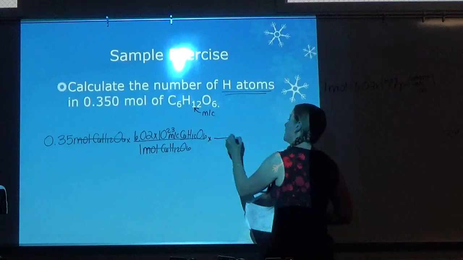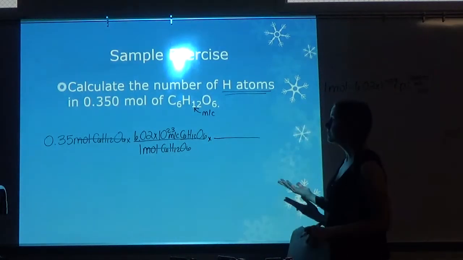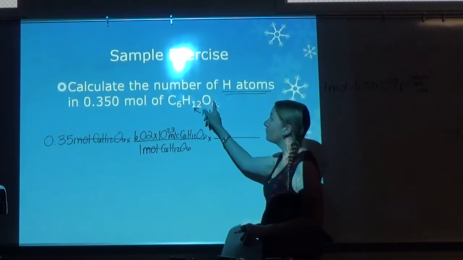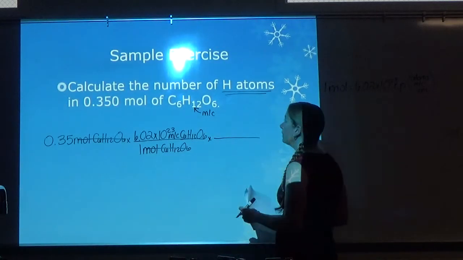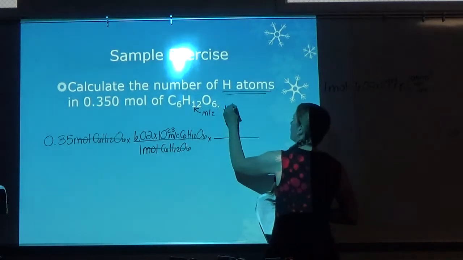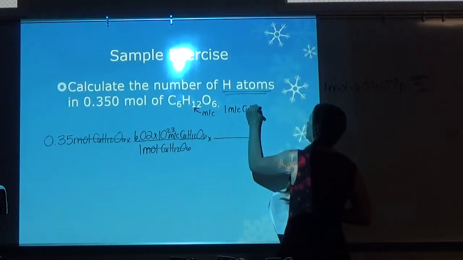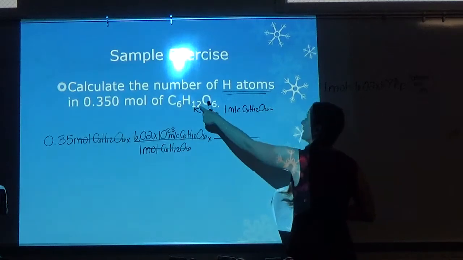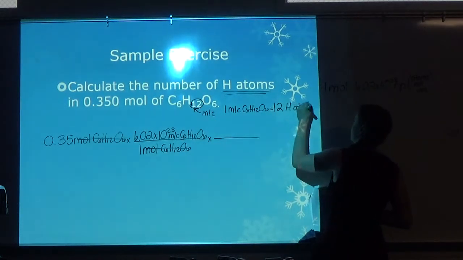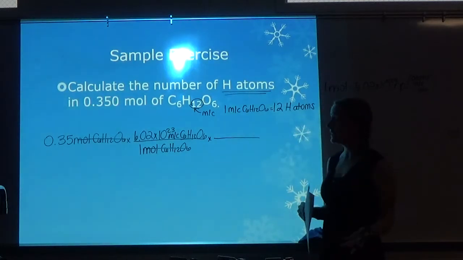And so then from here, whereas in the previous questions I would have said, okay, well, one molecule is actually 24 atoms because I would have added up all of them. We're only worried about the hydrogen atoms. So I can say that one molecule of C6H12O6 contains 12 hydrogen atoms, since they only asked me about hydrogen atoms.